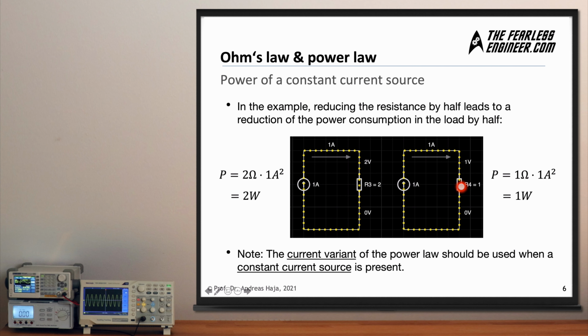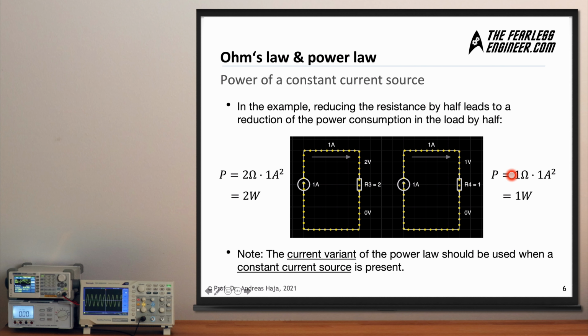And now, as you can see, when we halve the resistor, the current is not changing. It's 1 amp in both cases, which means that if you apply the other combination of Ohm's law and power law, where we enter the resistance and the current flow, we arrive at a power consumption of 2 watts with the left circuit here.